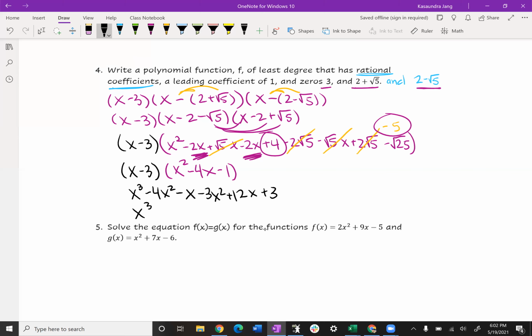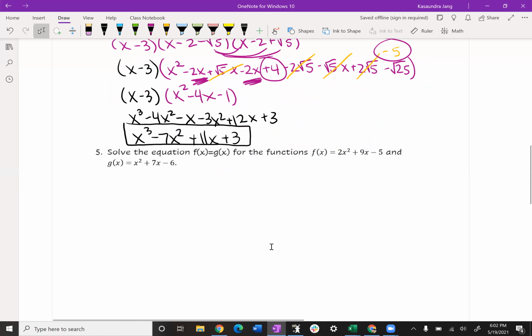I have a couple of x squareds here, so negative 4, negative 3, combined for a negative 7x squared. Let's see, a negative x and a positive 12x, so negative 1 plus 12 is a positive 11x, and then my constant term plus 3. All right, so here's the polynomial with the zeros that they gave us.